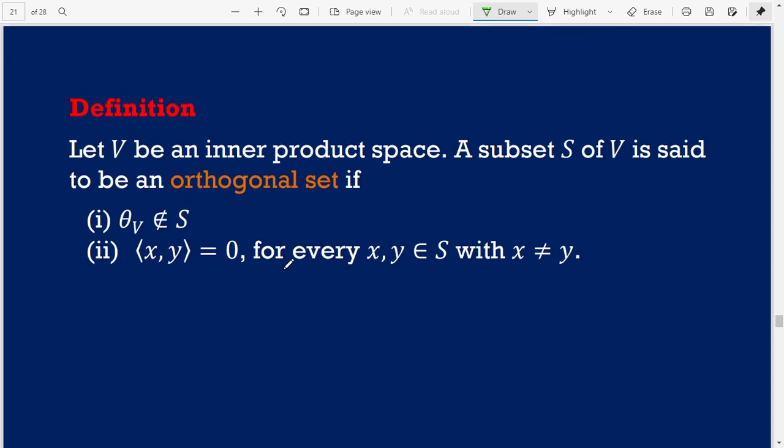Now see the definition of orthogonal set. Let V be an inner product space. A subset S of V is said to be an orthogonal set if the 0 vector does not belong to S and inner product x with y is equal to 0 for every x, y belonging to S with x not equal to y.